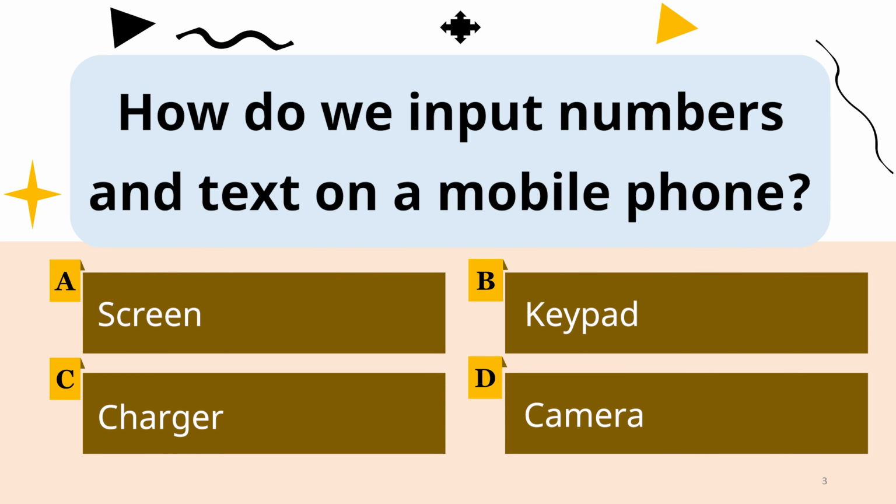Question 3. How do we input numbers and text on a mobile phone? A. Screen. B. Keypad. C. Charger. Or D. Camera.